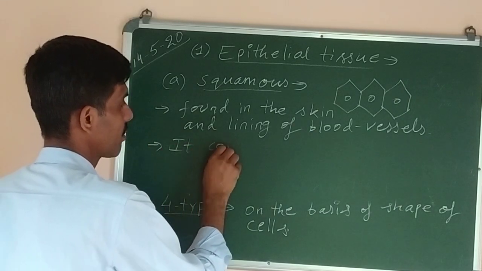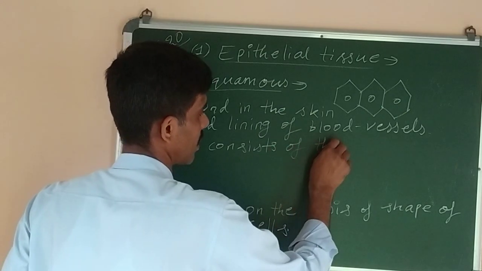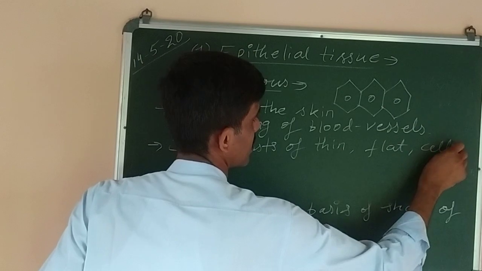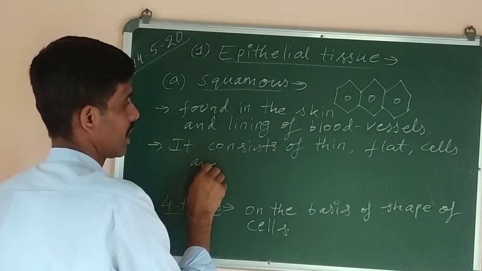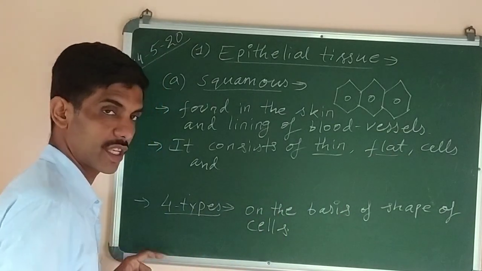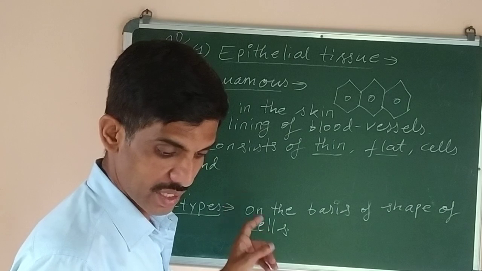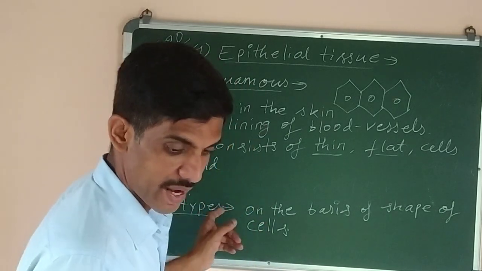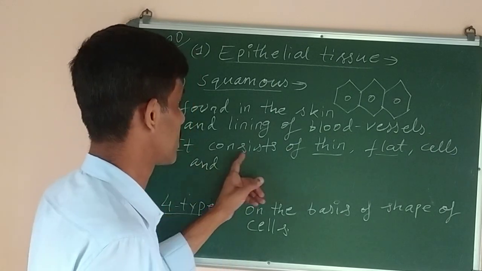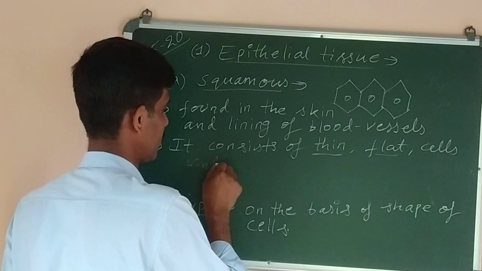It consists of, or it is made up of, thin flat cells. The cells are thin, they are flat, and give protection. It consists of thin flat cells that form a protective layer.